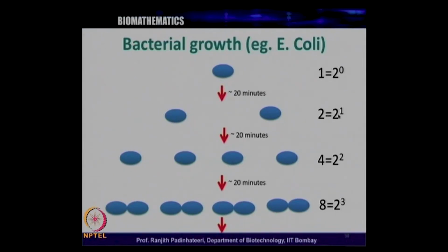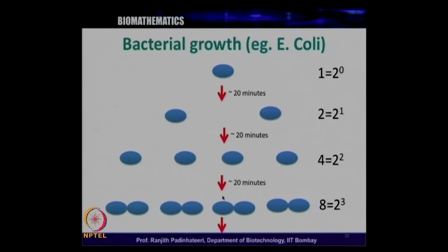This is the first generation, this is 2 power 1. So, you have 2 cells. In another 20 minutes, each of these cells divides into 2. So, this becomes 2 and this becomes 2. So, you have 4 cells. In the second generation it is 2 power 2, 4 cells.